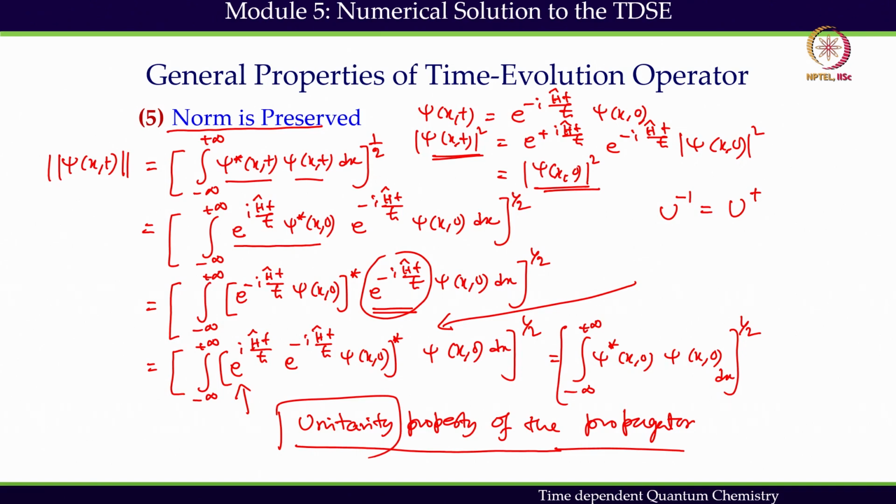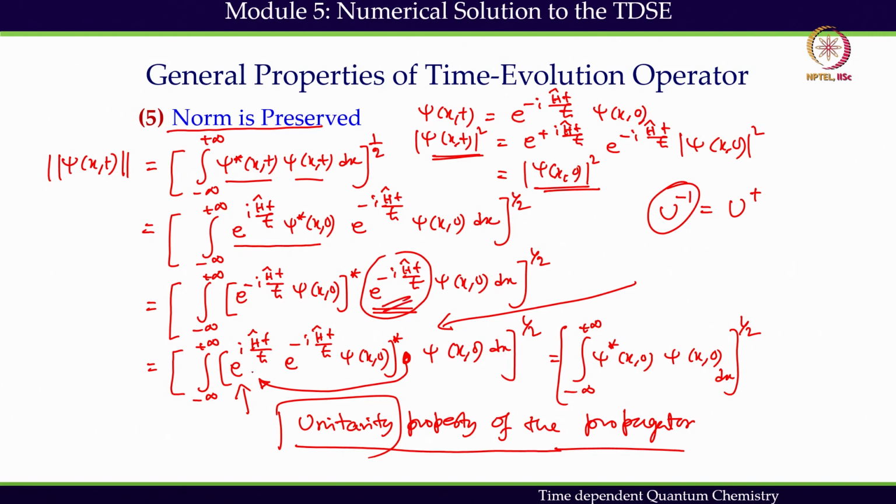And being an adjoint, by the definition of adjoint, I can take this operator from here to the other side, and that is going to be the inverse of that operator, and that's exactly what we have taken.